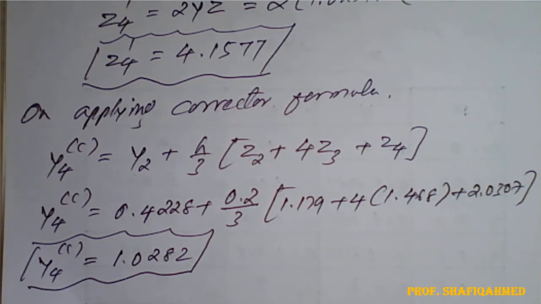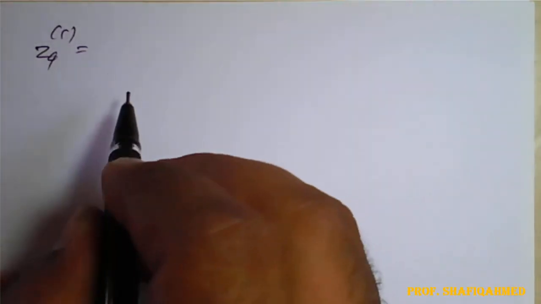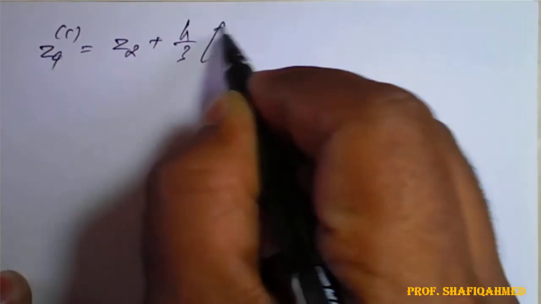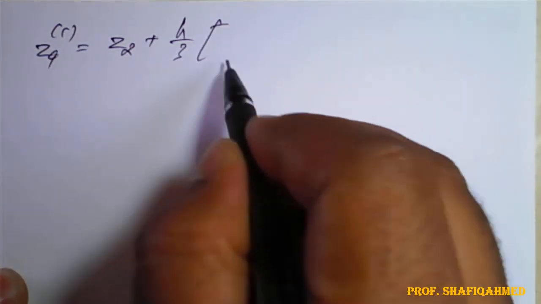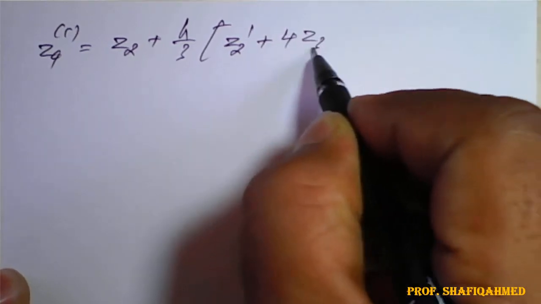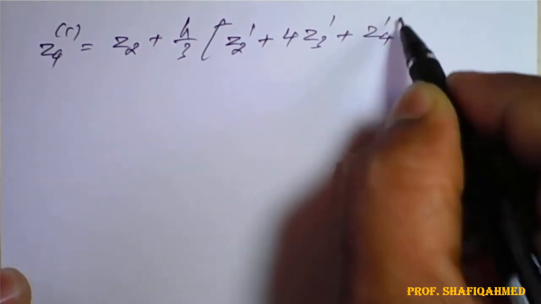Similarly, we need to calculate z4 of c also now. The z4 of c formula is given by z2 plus h by 3 into bracket of z2 dash plus 4 times z3 dash plus z4 dash.